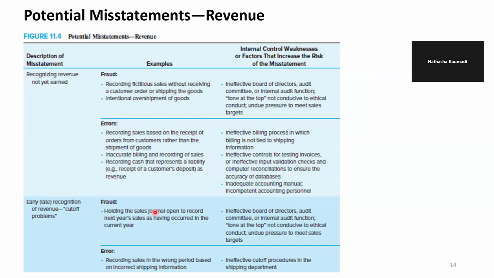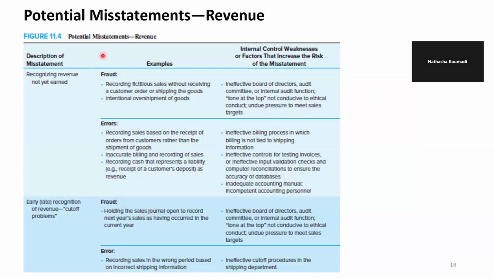But since we can't discuss all these captions in this course, we have selected revenue from the P&L and trade receivables from the statement of financial position side. So that's why we are taking only two. But when you study these two captions, you will have an understanding about other captions as well.